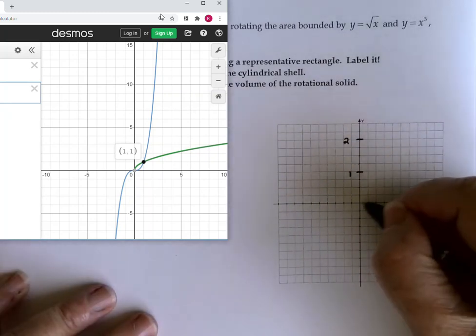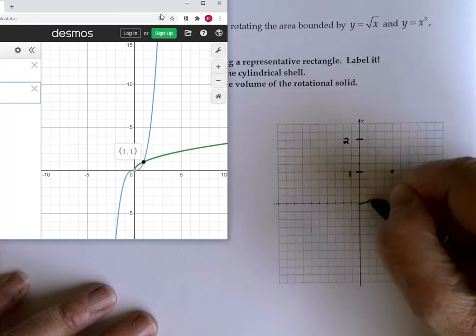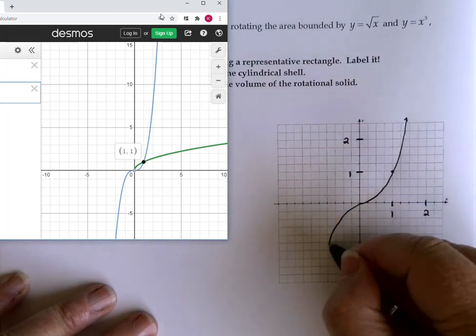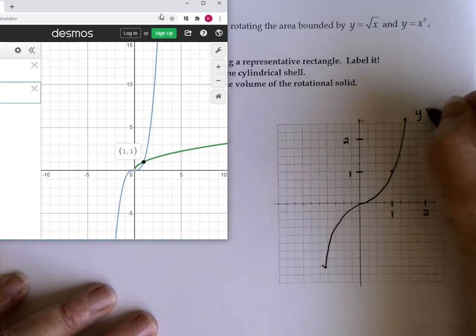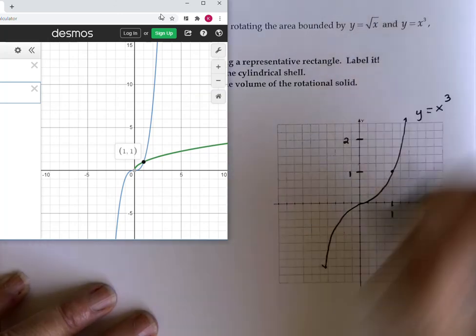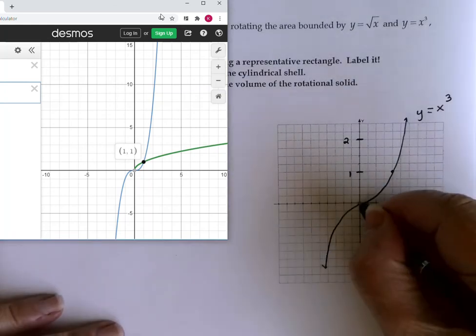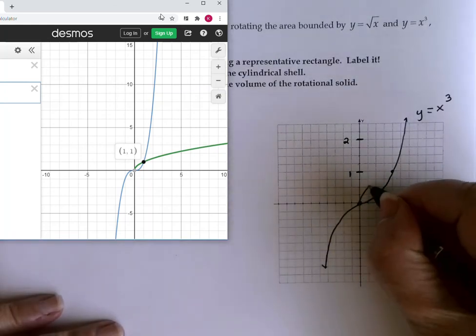Y equals x cubed was like that. And then y equals the square root of x was like this.